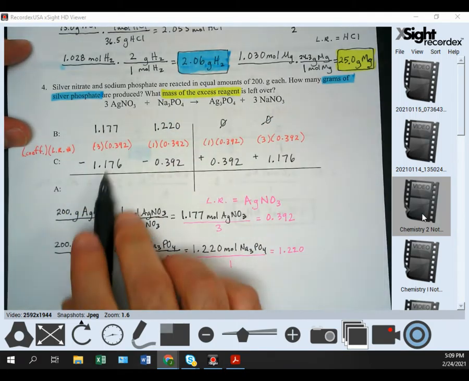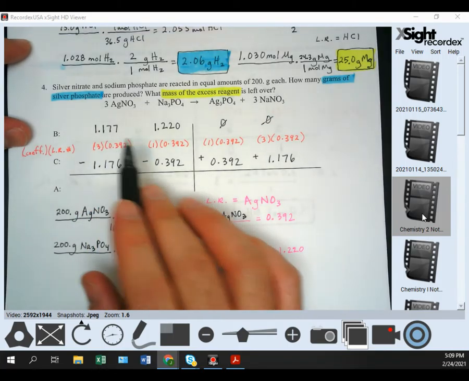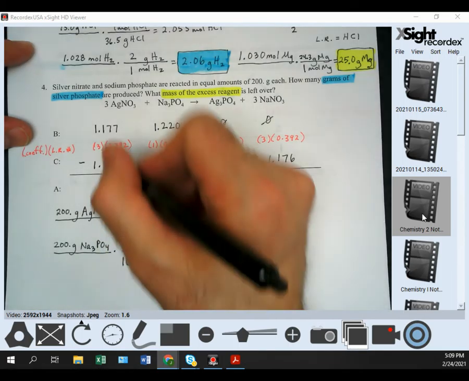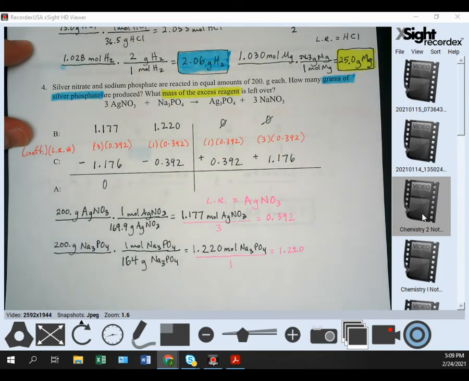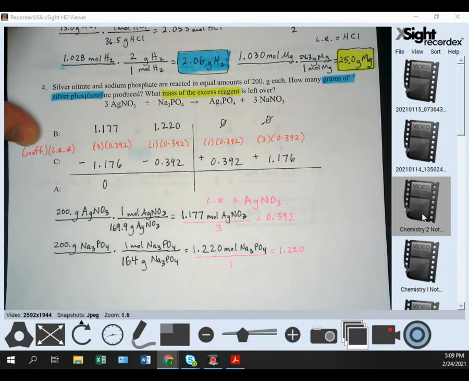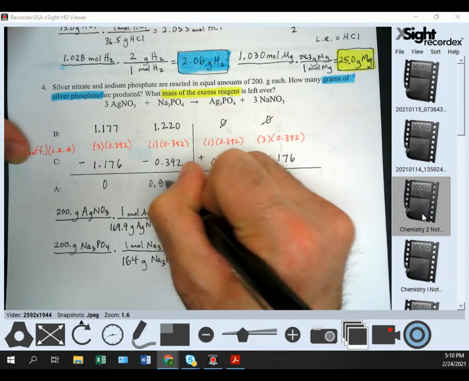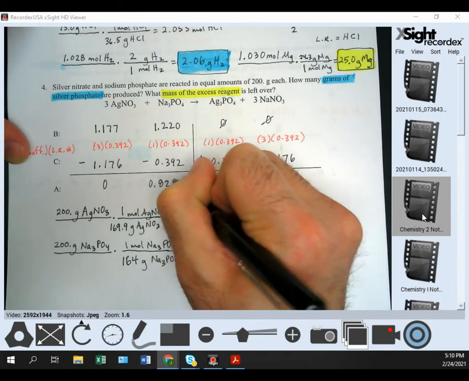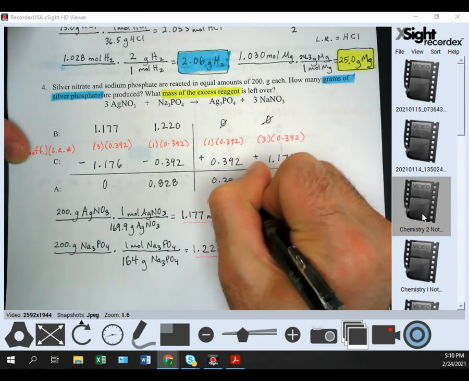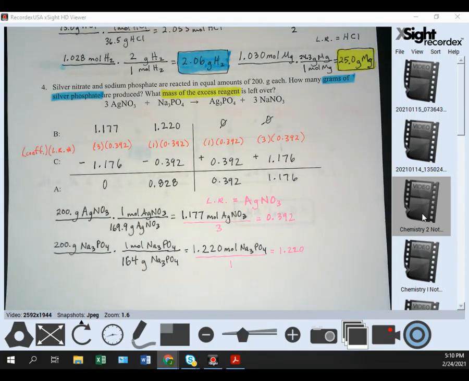So now remember, this actually would come out to be 0.001, but remember, that's the limiting reactant, so it's really coming out to be 0. Double check, is that our limiting? Yep, that makes sense. So it doesn't guarantee we're doing it right, but it's a good indication. So 1.220 minus 0.392 gives us 0.828. This is 0.392 and 1.176. All right, we're doing well.